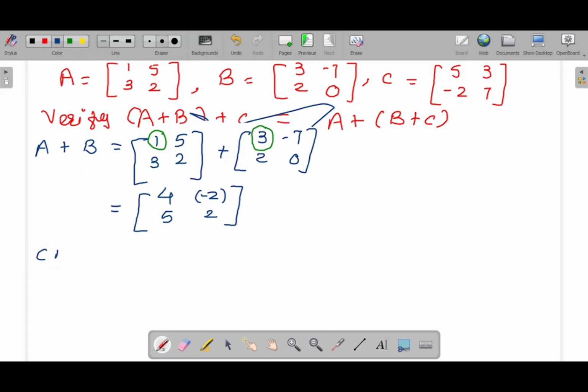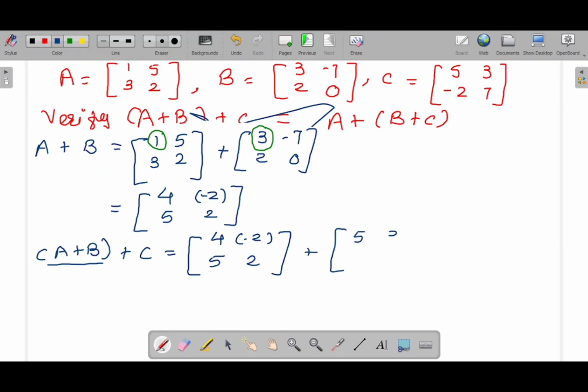Now I will calculate (A plus B) plus C. For that, I have to write the resultant matrix of A plus B, which is 4, minus 2, 5 and 2, plus matrix C, which is 5, 3, minus 2, 7.